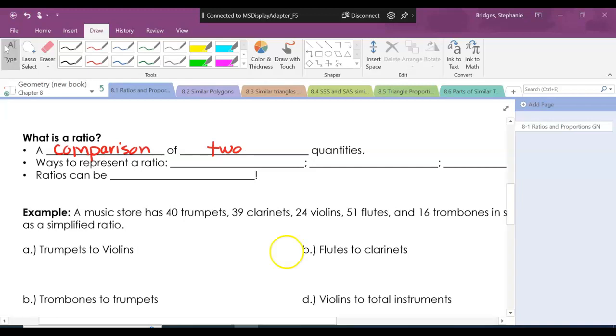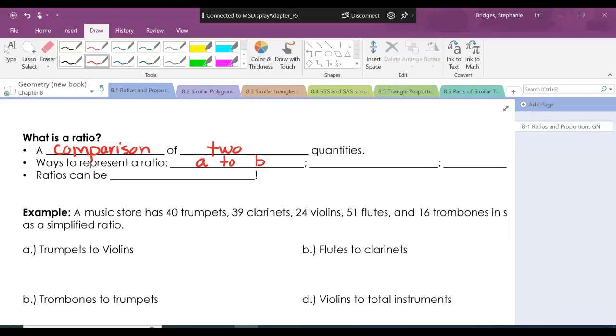But one of them is writing some number A, and then we put the word "to" in between, and then the other number B. So you're comparing two numbers like 2 to 3.